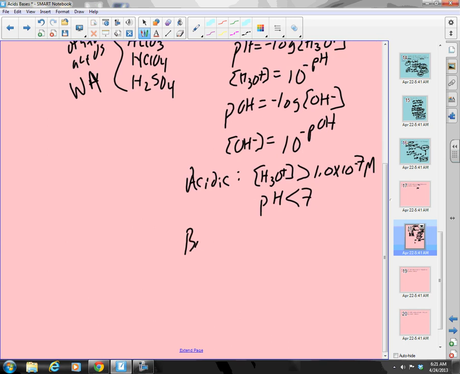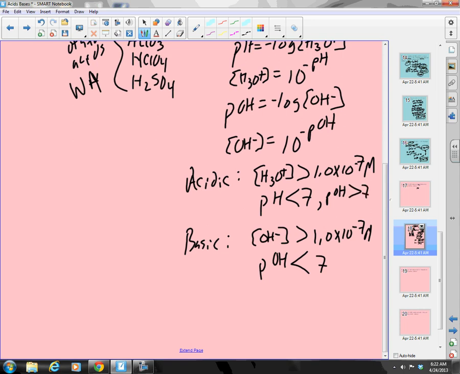And if it's basic, then my hydroxide concentration is greater than 1.0 times 10 to the minus 7th, which means that my pOH is less than 7, which means up here that my pH is greater than 7, okay?